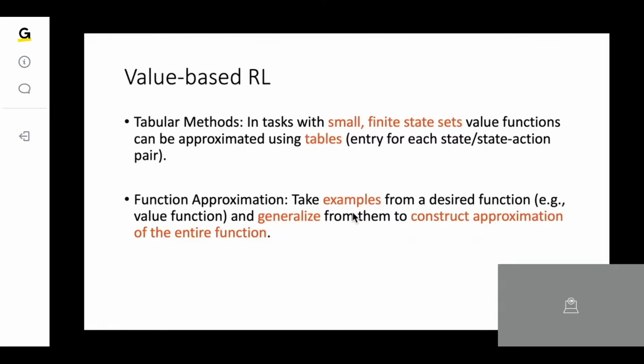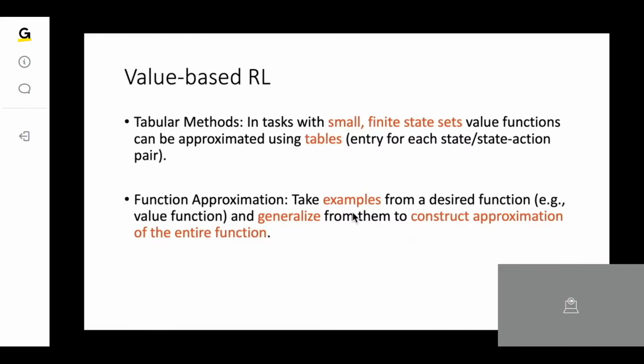An update basically involves updating the cell value for Q of S comma A, and the Bellman optimality equation can itself be used as an update rule, as we said, to keep on iteratively updating all the cell values until they converge.